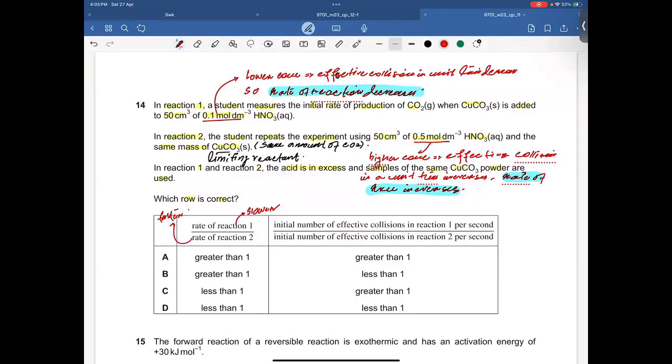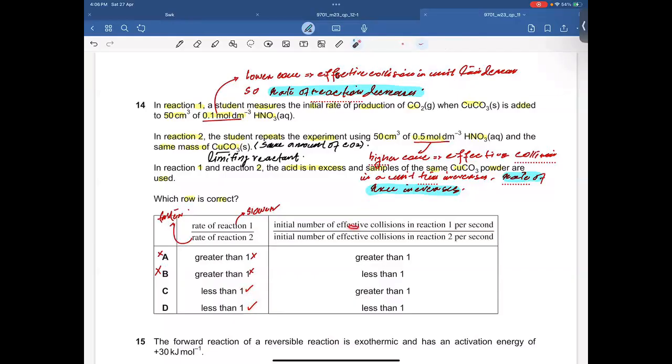And obviously, if one value is lower and the other value is higher, lower over higher becomes less than 1, not more than 1. So this is an incorrect option. It is also incorrect. This one is right. Obviously, A and B are incorrect options. So lower value in experiment 1, higher value in experiment 2, the lower value over higher value will give you less than 1, right? So C or D could be the right option.